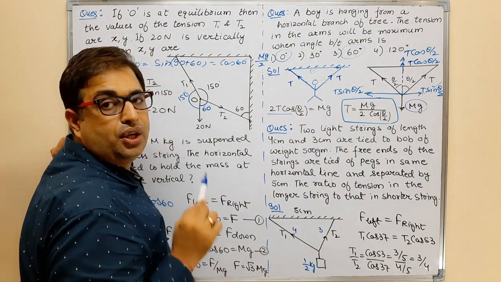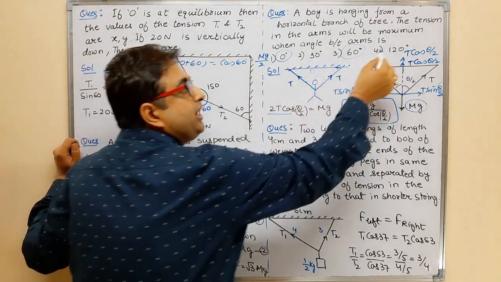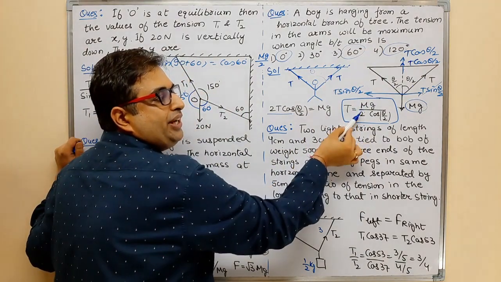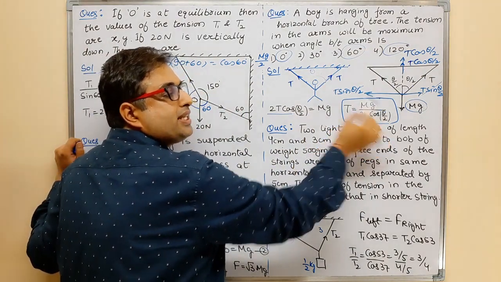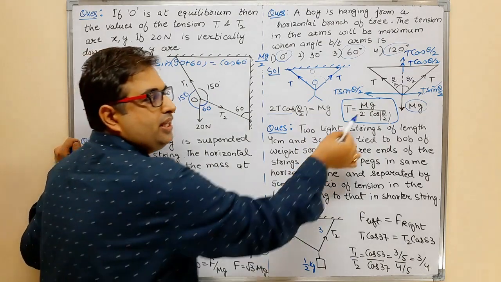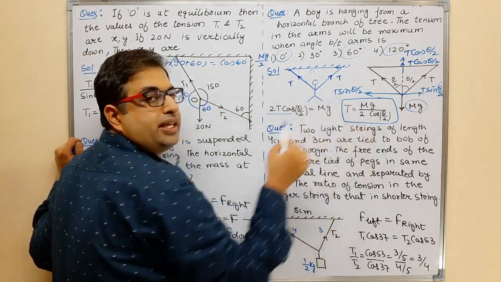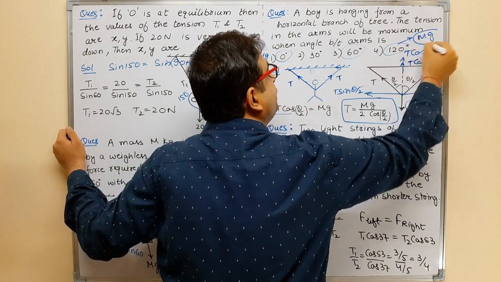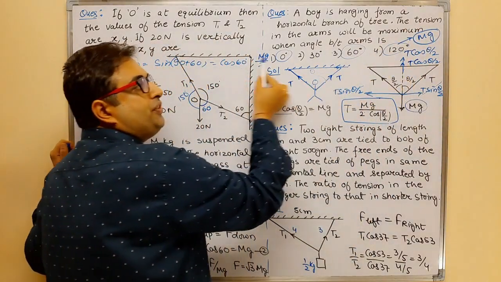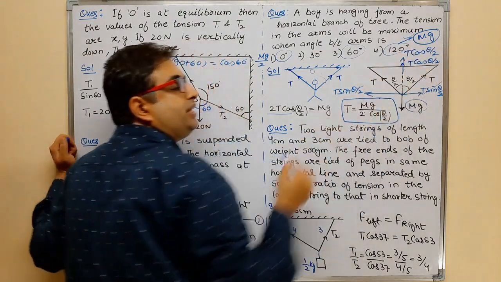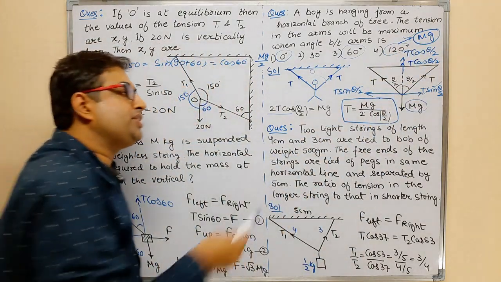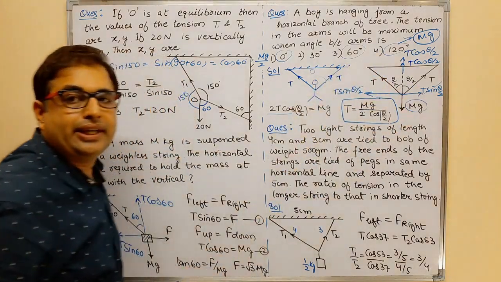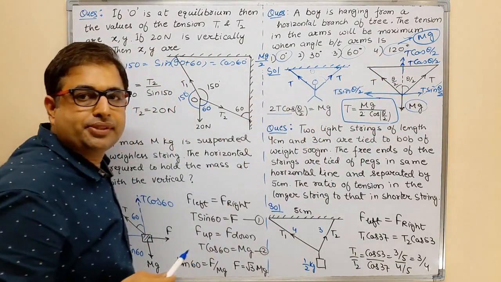Cos 30 is root 3 by 2. And if we put 120 degree, we will get mg divided by 2 cos 60 degree. 120 divided by 2 is 60 degree. Cos 60 is half. So for this we will get mg tension force. Out of these four, this mg is maximum. So maximum tension force will be when the angle between the two is 120 degree according to the four options.